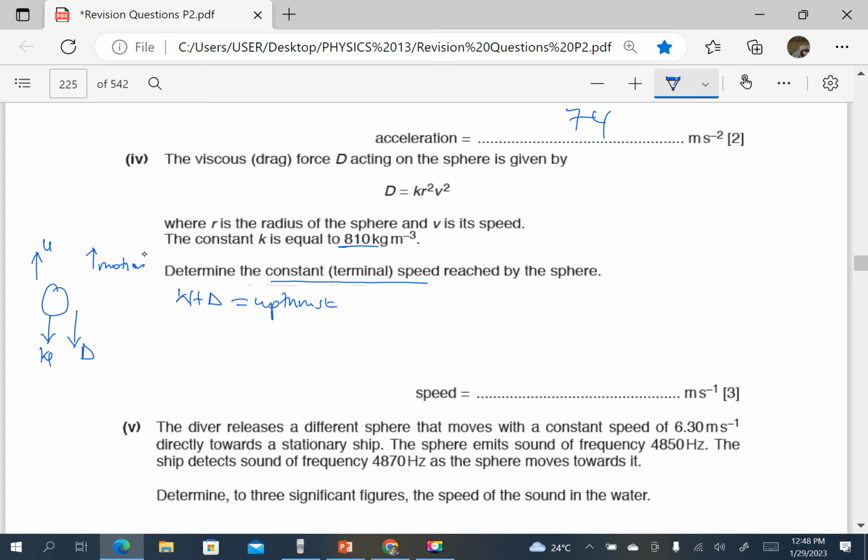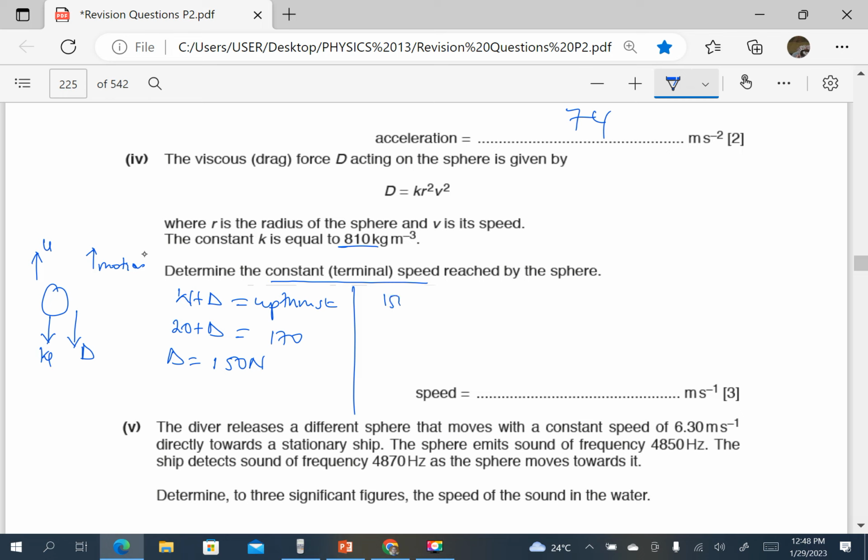And if that is true, the weight is 20, the drag is D, and the upthrust is 170. So the drag is going to be 170 minus 20, which is equal to 150. So the drag force is 150 newtons. Let's now substitute here.